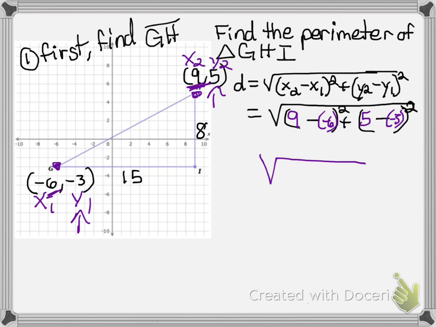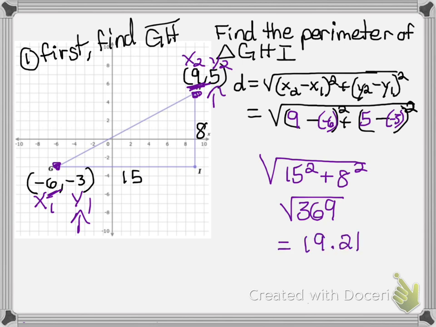Now, when I do 9 minus -6 in my calculator, it gives me 15. So technically, this is 15 squared. And when I do 5 minus a -3 in my calculator, it's going to give me positive 8 because technically you're adding. So 15 squared plus 8 squared gives me a total of 369. So now I'm going to take the square root of 369, and that decimal will be 19.21.